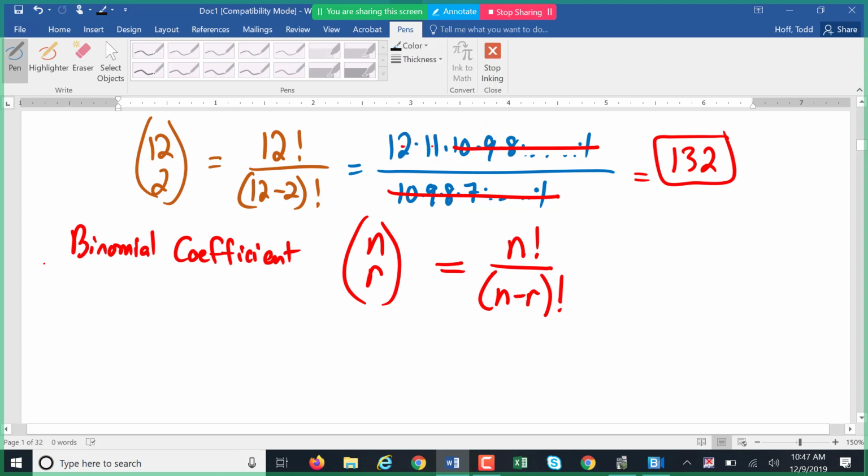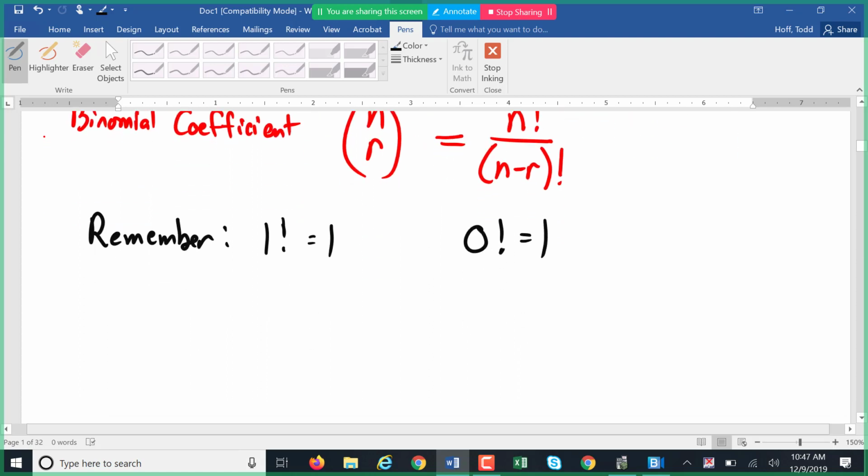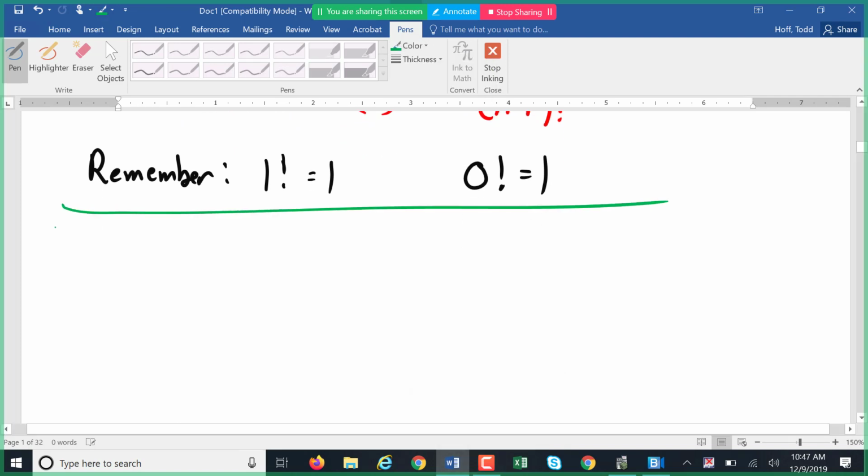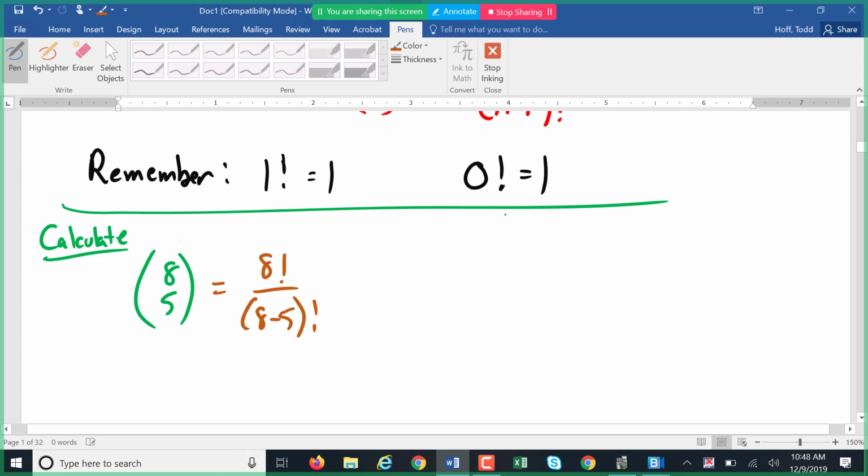Now, some things to remember. One factorial is equal to 1. 0 factorial is also equal to 1. So if we want to calculate some binomial coefficients, like 8 choose 5, that's going to be 8 factorial over 8 minus 5 factorial.